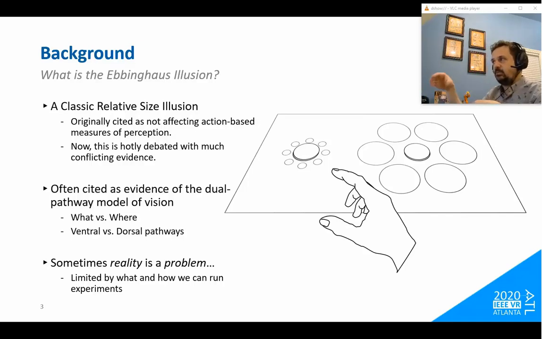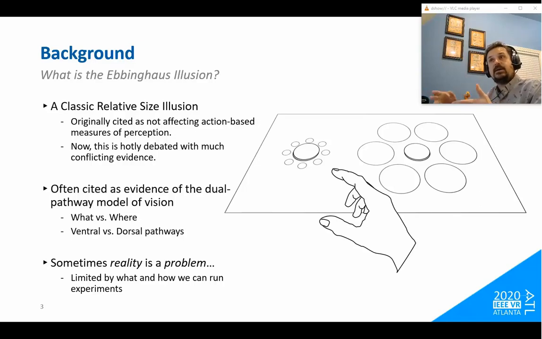A person then reaches for that and also verbally reports the size of the disk. It's hard to control very subtle cues in the real world. In particular, if you're using a three-dimensional disk on a 2D printout, there is three-dimensionality built into that. There are stereoscopic cues, motion parallax cues, all sorts of cues involved in just this very simple experiment.